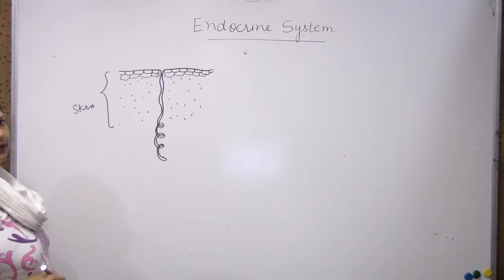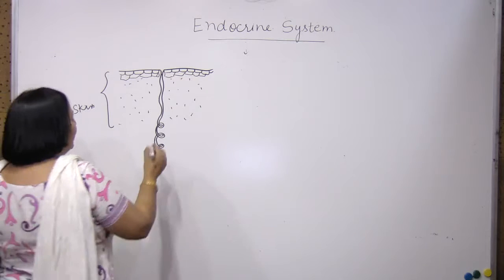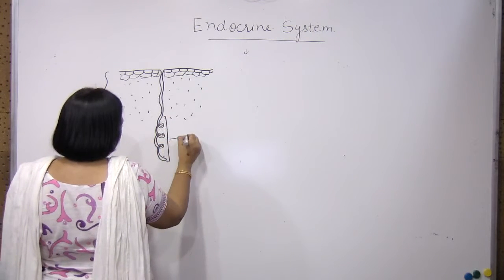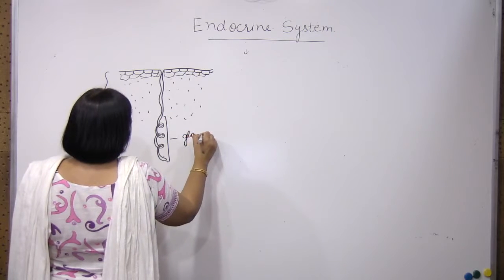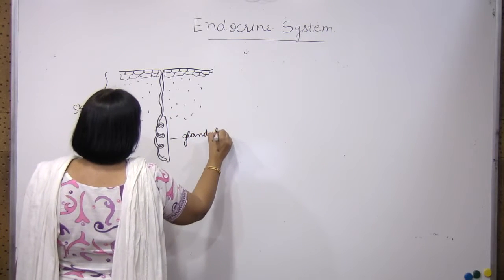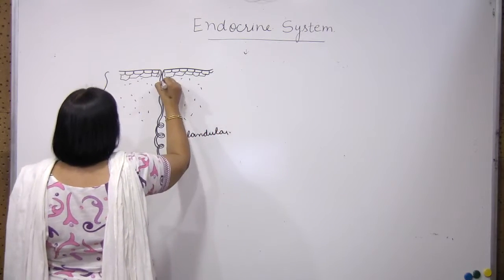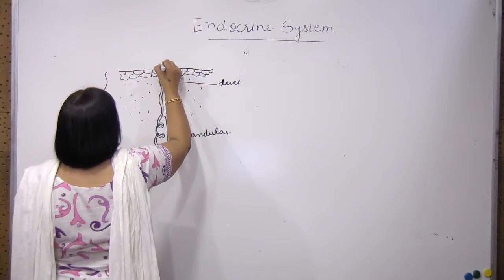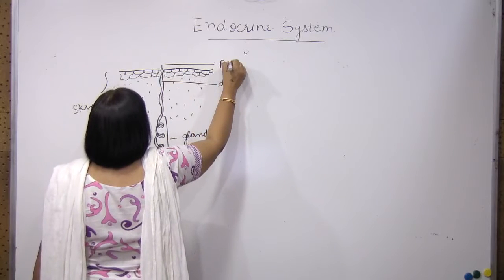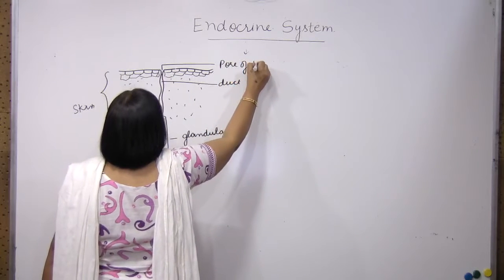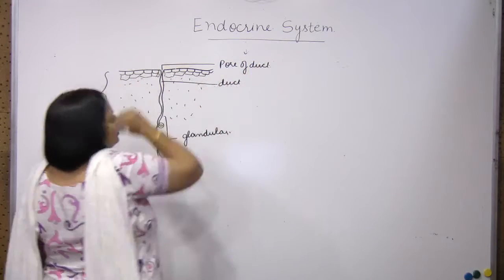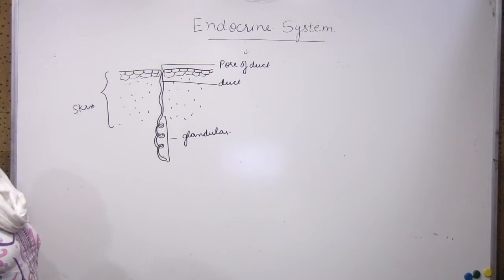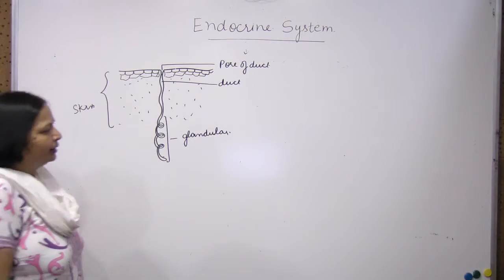This sweat gland secretes sweat, and this portion is glandular, and this is the duct, with the pore of duct which takes the sweat to the surface. So sweat gland is an exocrine gland.